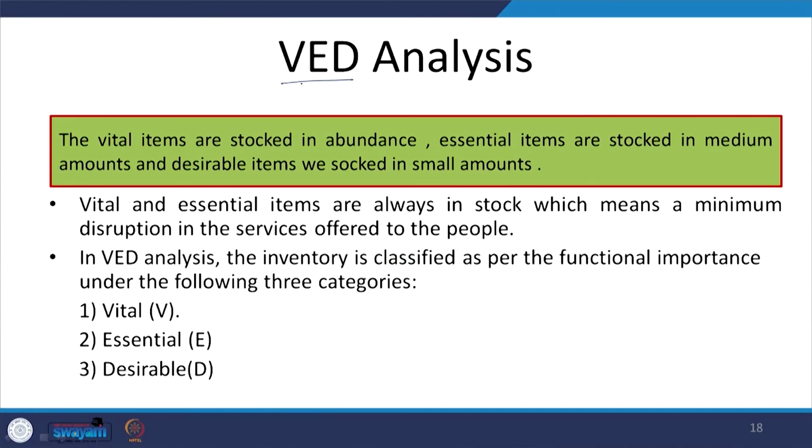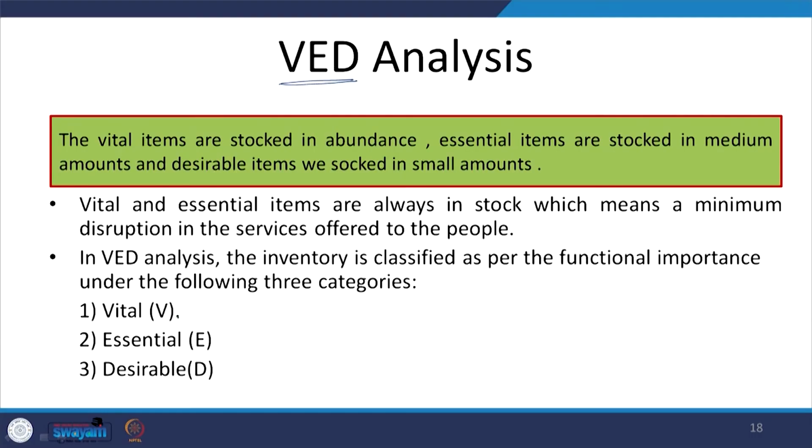So, this is one very popular system of our inventory classification, and it is very frequently used in industry also. There is one more classification scheme used in industry, that is VED classification. Now, in this VED classification, as the name indicates, we classify our items on 3 different parameters into 3 different categories.